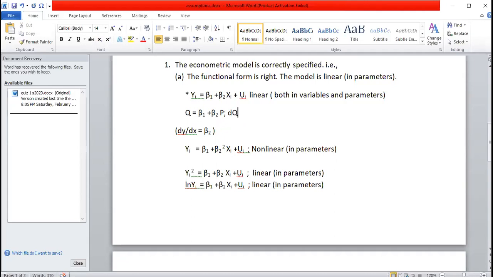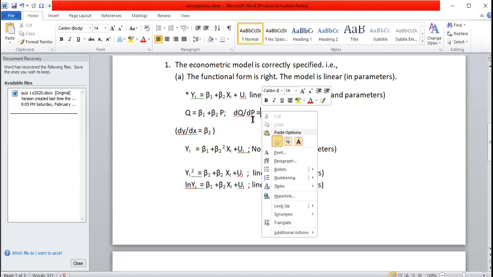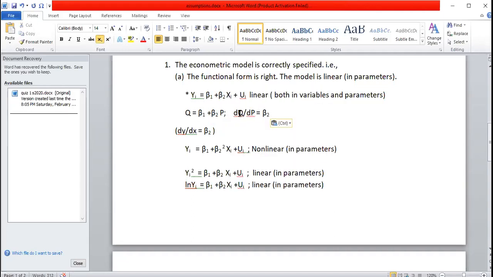Is that elasticity? That's what you are saying: change in Q due to change in P, dQ/dP.